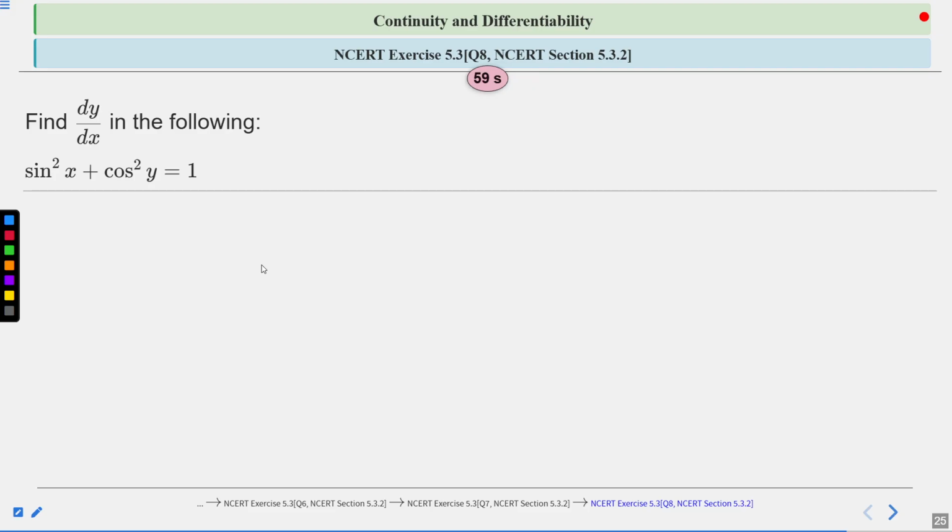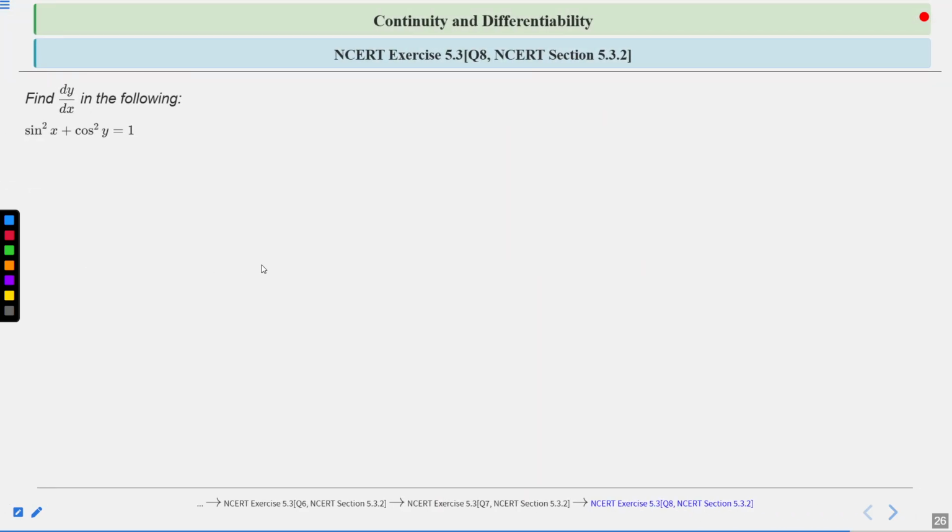After that, we will move to the solution part, right? Okay, so let us move to the solution part.